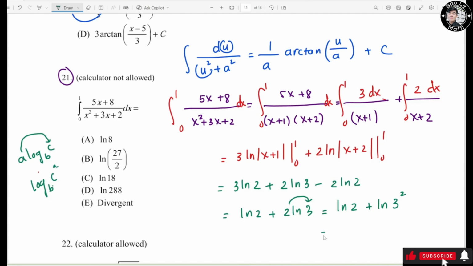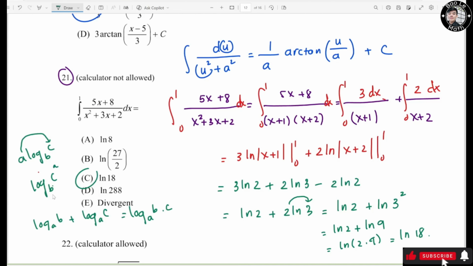So it could be ln 2 plus ln 9. Now you have log base a of b plus log base a of c, which is log base a of b times c. So it's going to be ln of 2 times 9, which is ln of 18. The answer must be C.